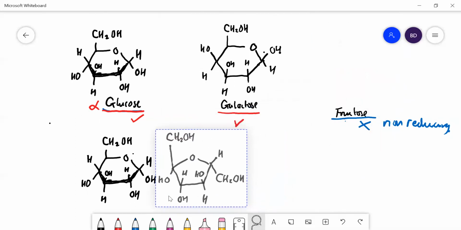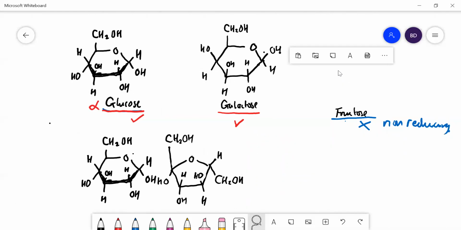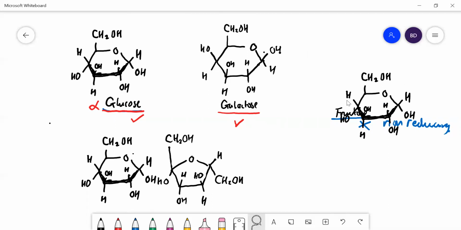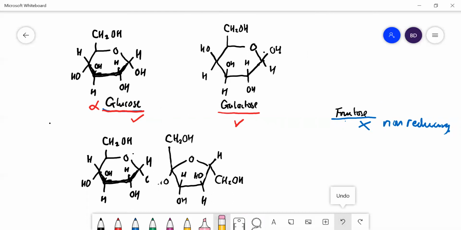So I'm going to put them pretty close together, and I'm going to lose H2O from there. All right, so we're going to lose an H2O molecule there. So if I just rub this out, I'll keep one of the oxygens, lose H2O. And we've got that, which is sucrose.